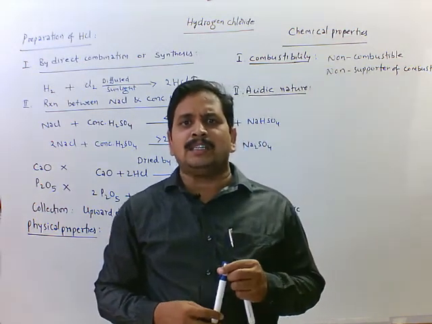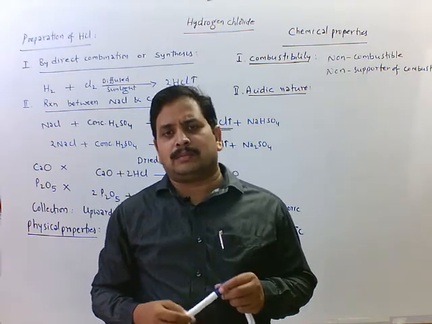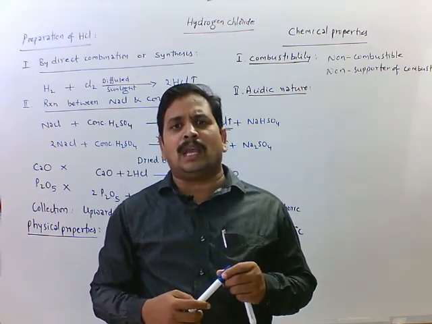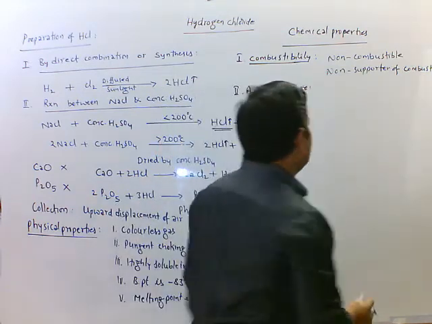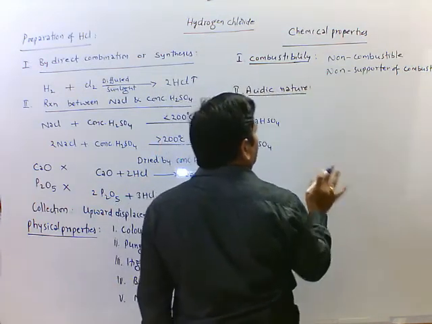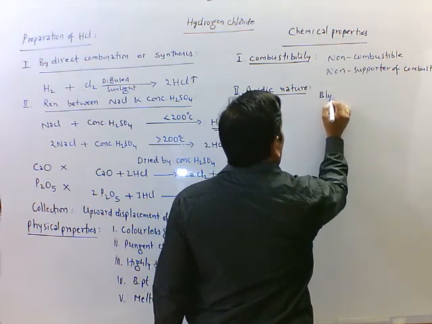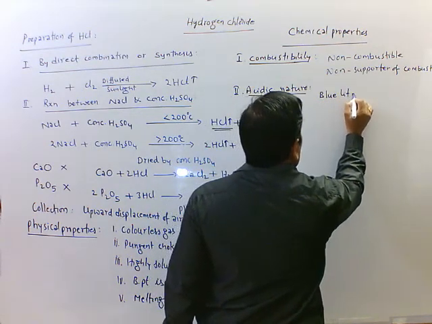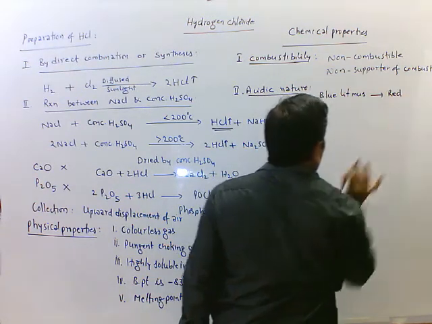And the orange color of methyl orange converts into pink color. And the pink color of alkaline phenolphthalein converts into colorless. So, three indicators we are discussing here. First one is blue litmus turns into red.